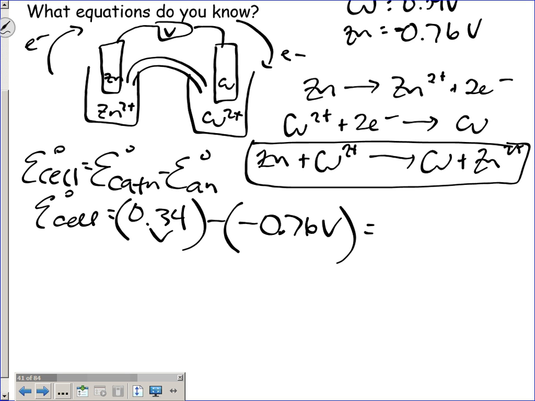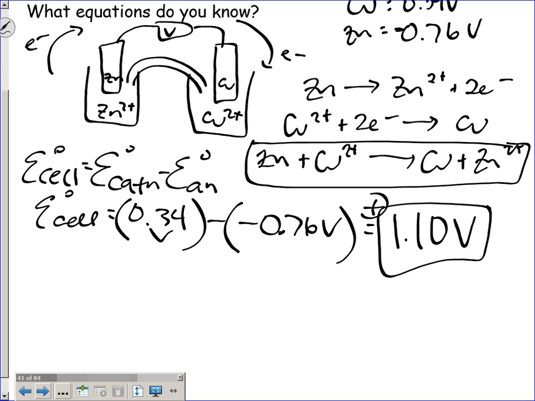Total 1.10 volts. When you're doing subtraction for sig figs, you count decimals. You don't actually count sig figs. 2 decimals, 2 decimals, 2 decimals. Okay, so we know it's galvanic because this is positive. That kind of gives us that double pat on the back that we're doing good.